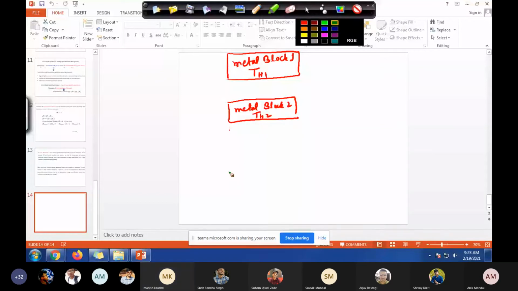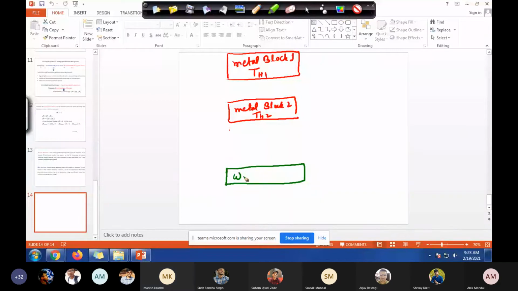Then you have a very large water pool at temperature TL2. Then one more very large water pool, which means these all are thermal reservoirs basically. Pool of water at temperature TL1.